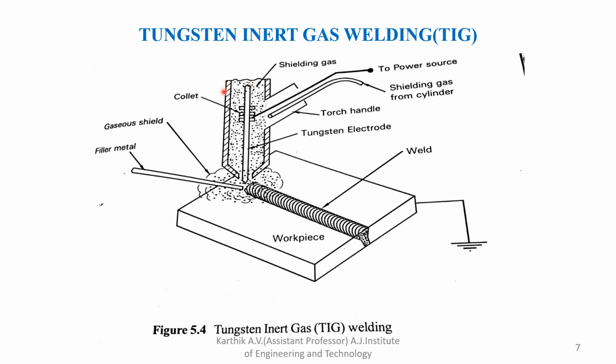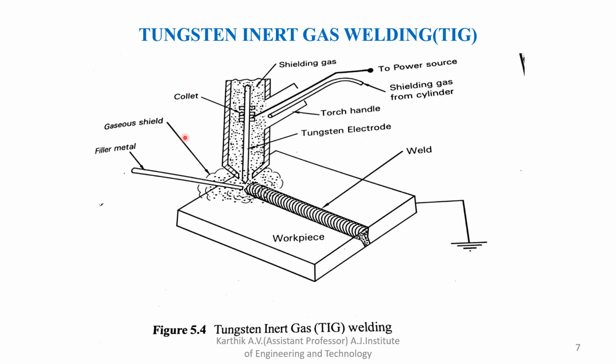Here a tungsten electrode is used. The transformer's positive terminal is connected to the electrode and the negative terminal is connected to the workpiece, supplying current to the electrode. So what happens?